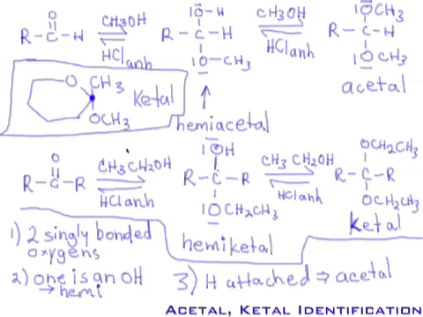Okay, so there you have it. Now, what I want to do is look at the full reaction mechanism as to how the hemiacetal and acetal forms. Now, the mechanism is identical for the ketal, no difference, and so we're just going to focus on the aldehyde mechanism and try to explain why we need anhydrous HCl.